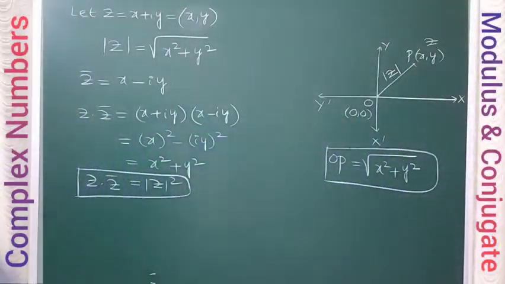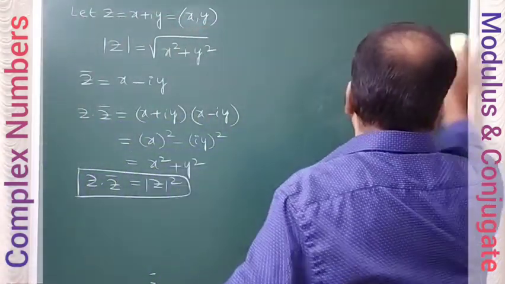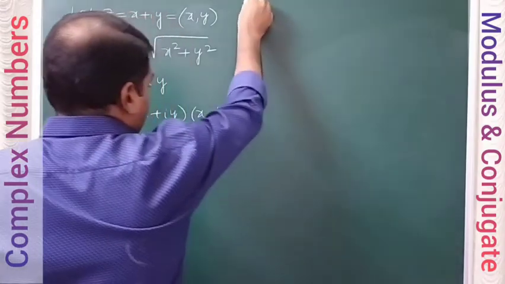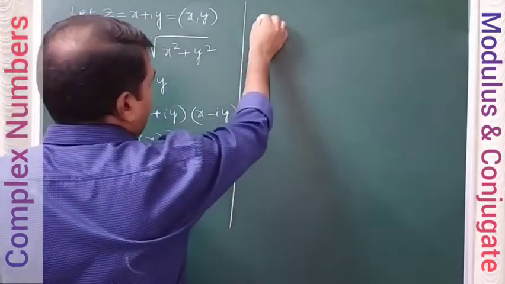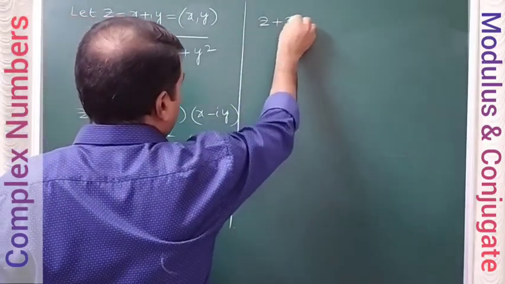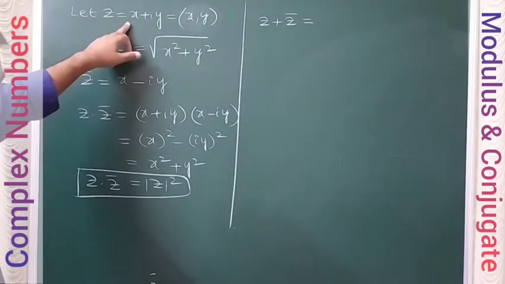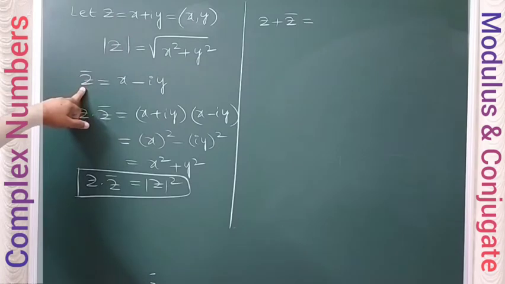Okay, so let us move on to another property now. For example, I will take z plus z bar. You know z is x plus iy, and z bar is x minus iy.